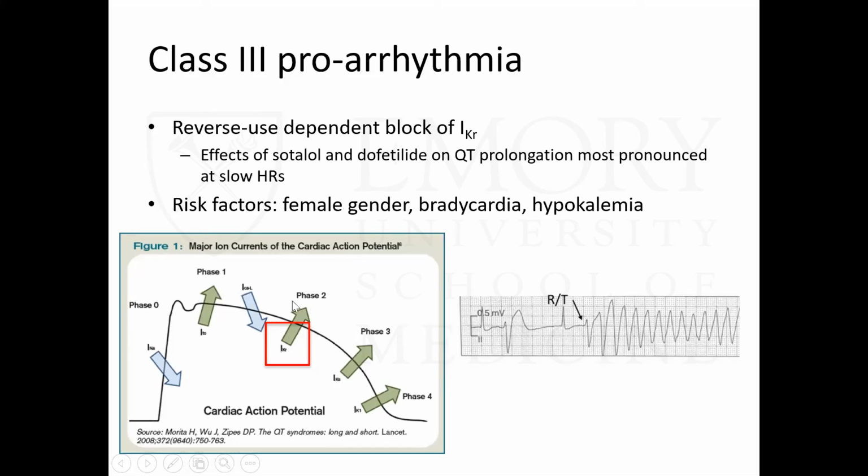If the action potential gets longer, you're more likely to have those early afterdepolarizations that we talked about, and that can result in R on T phenomenon and the onset of torsade in the setting of prolonged QT. So the pro-arrhythmic risk that's important to remember for class 3 antiarrhythmics is torsade due to early afterdepolarization.